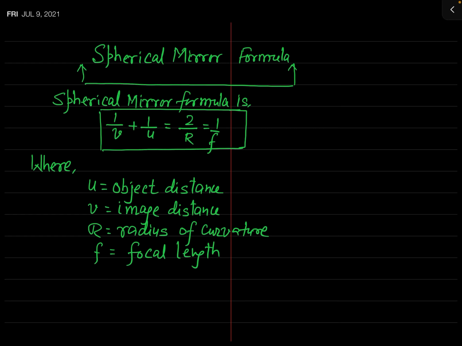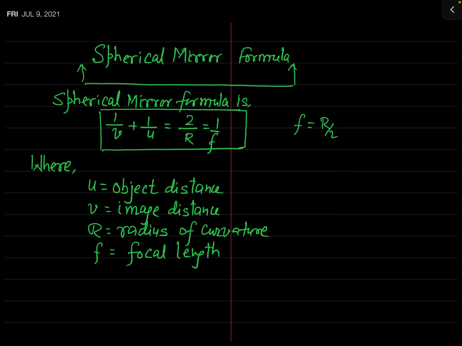So you can see I have mentioned here the spherical mirror formula, and you know this is 1 over v plus 1 over u equal to 2 over r equal to 1 over f, because you know this f is equal to r by 2.